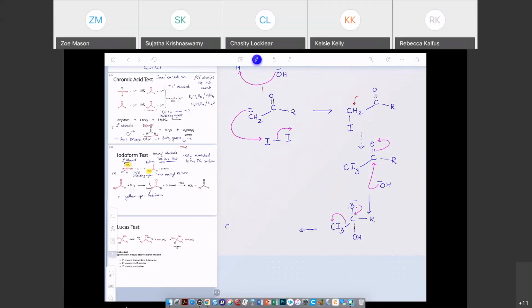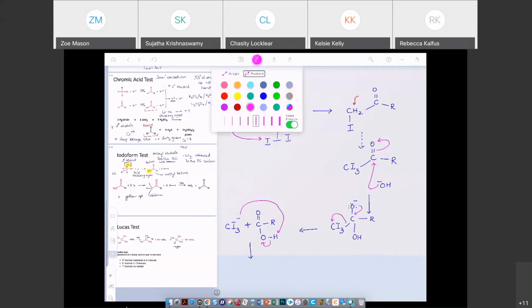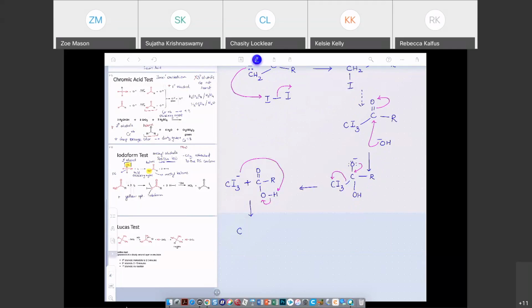So you get CI3 minus plus C double bond O, hydroxyl. Now the I3 minus is going to grab a proton. If you want to draw an arrow, you can, or you really don't have to show those proton movements. But this becomes CHI3. This is your yellow solid. This is the iodoform.